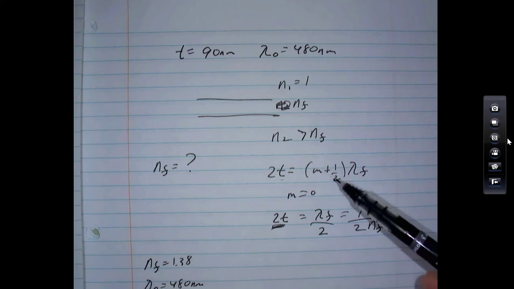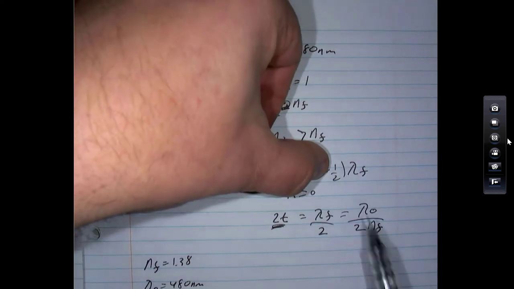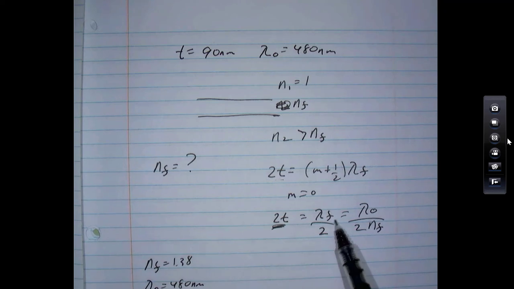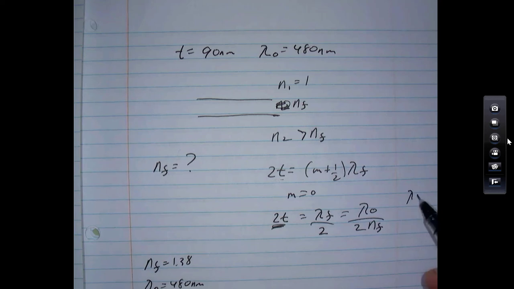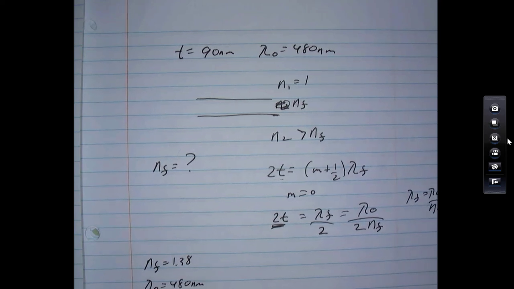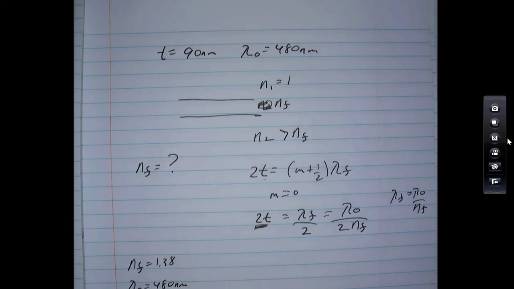When m is equal to 0, this goes away, and we've got the wavelength in the film divided by 2. Now the wavelength in the film is equal to the wavelength outside the film divided by the index of refraction of the film. So I've taken that and plugged it in here for the wavelength in the film. We'll have to put it all together in just a second.